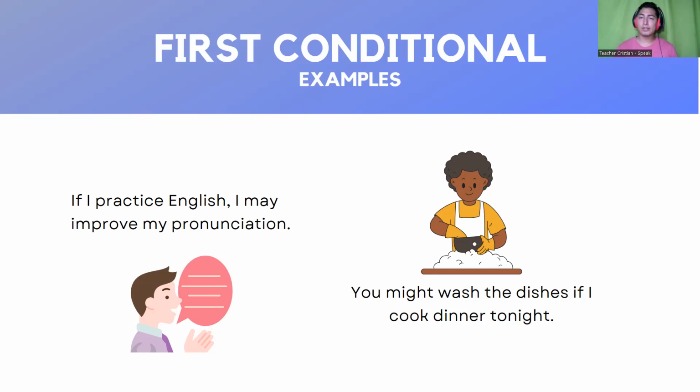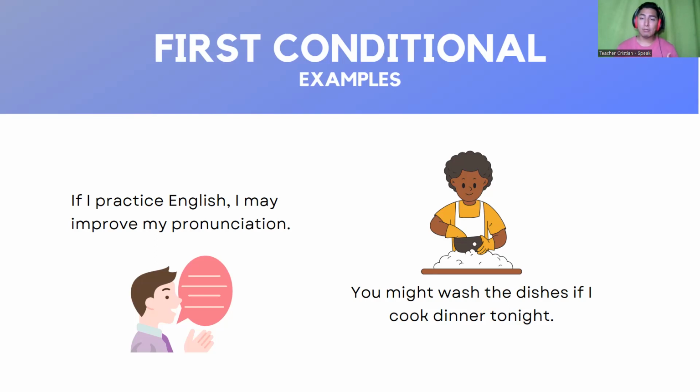This is something possible. I have both. I have a brother and I have a sister, and I remember we used to make this kind of decisions, okay? So please, everybody, remember, first conditional is always talking about real and possible things, of course, for future situations, right?